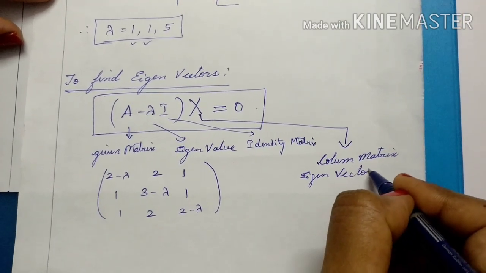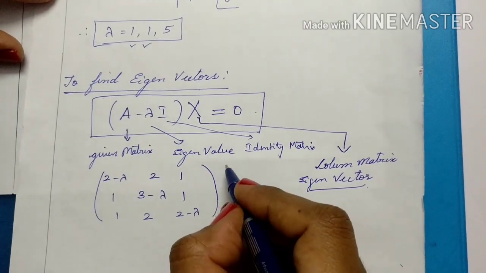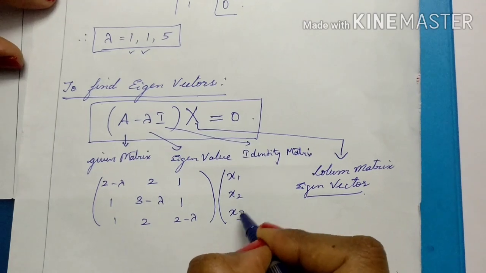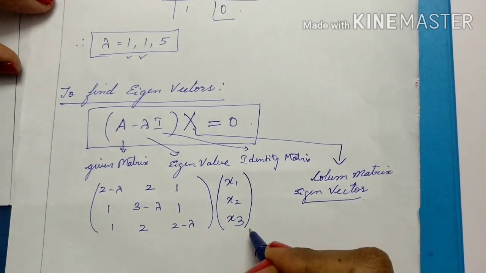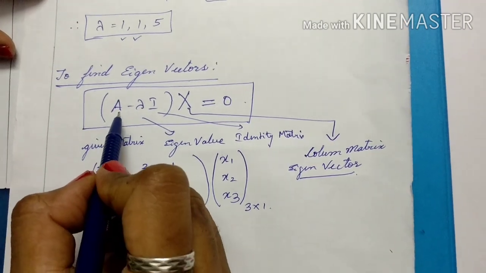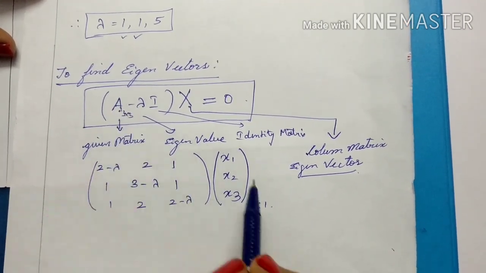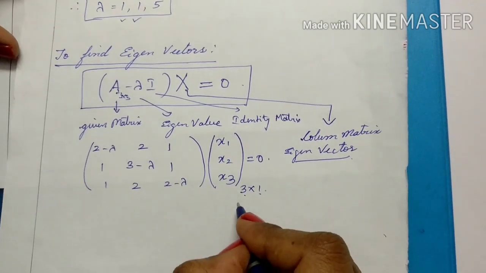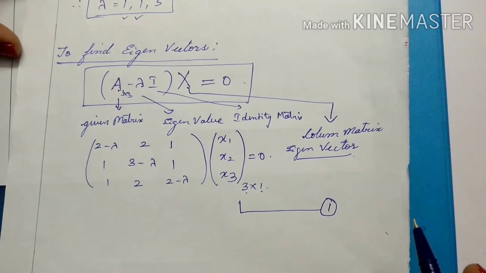You're going to find it out. So this vector will be x1, x2, x3. It's going to be a column matrix, and dimension depends upon the dimension given for your matrix. This is a 3 by 3 matrix, so I have to take a 3 by 1 matrix here, which is equal to 0. I'll mark this equation as 1.